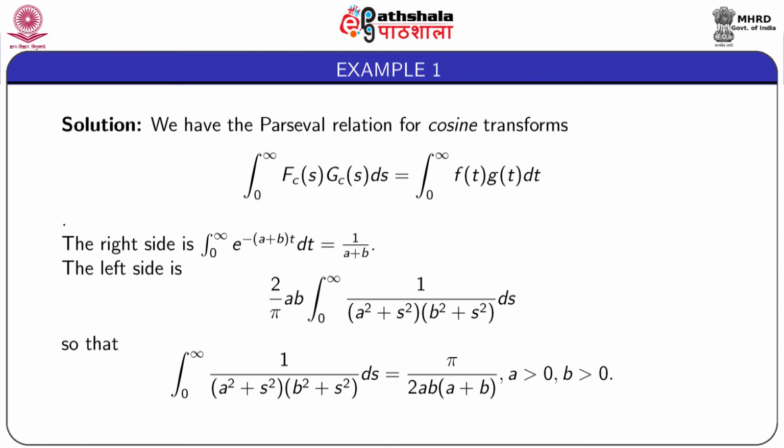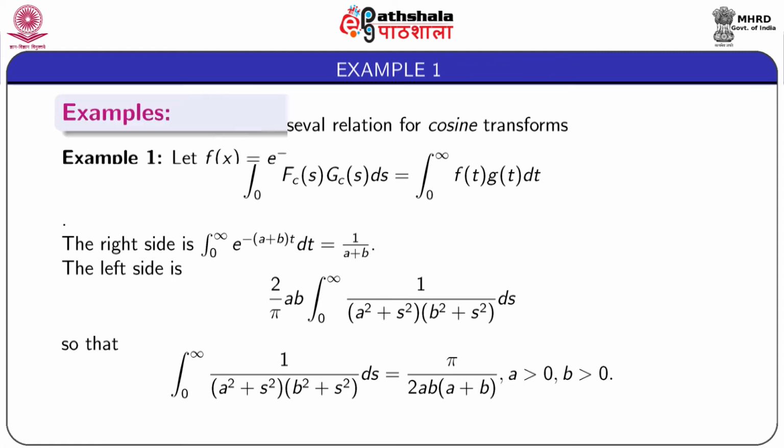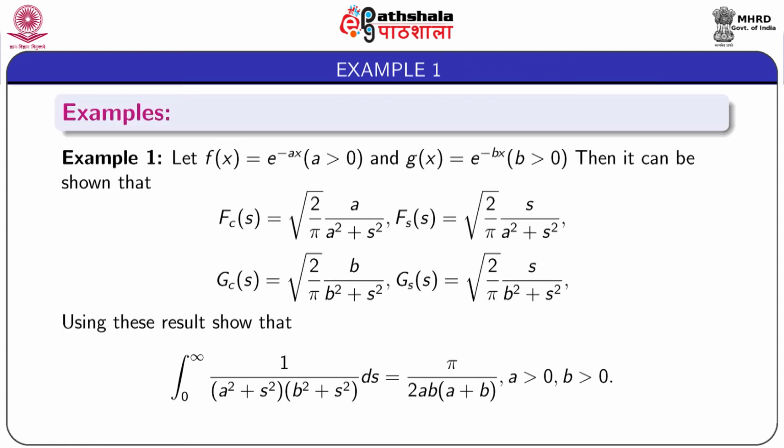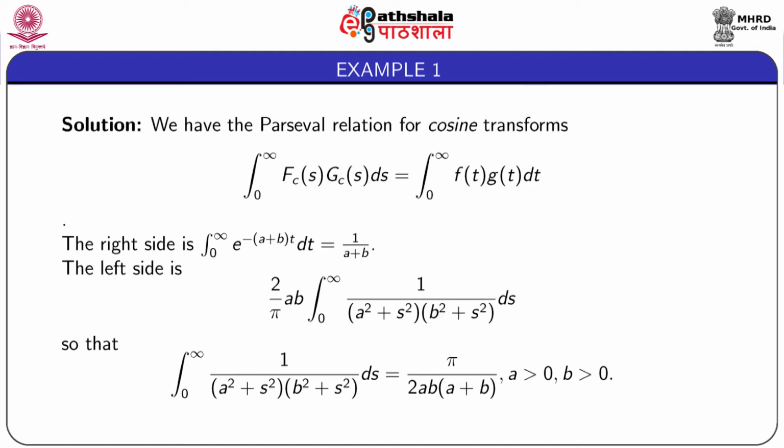And the left hand side integral, if we substitute capital Fc(s) and capital Gc(s) from these relations, then we obtain left hand side equal to 2ab by pi integral 0 to infinity ds by (a square plus s square) into (b square plus s square).